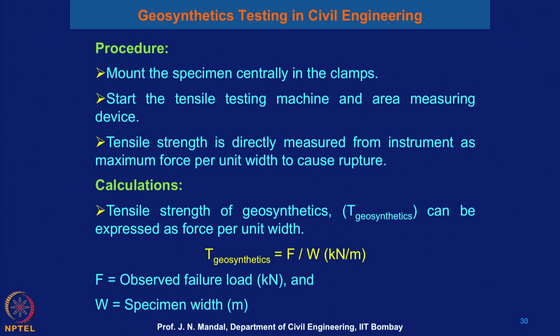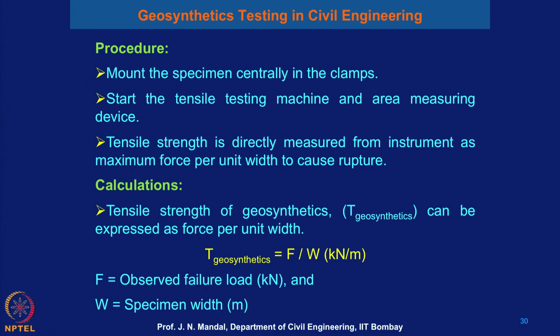Now, it is also very important how you can calculate the tensile strength of the geosynthetic material. The tensile strength of the geosynthetic material can be expressed as a force per unit width. This is very important. That means T of geosynthetic will be equal to F divided by W, and the unit is kilonewton per meter.